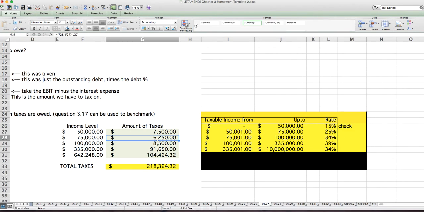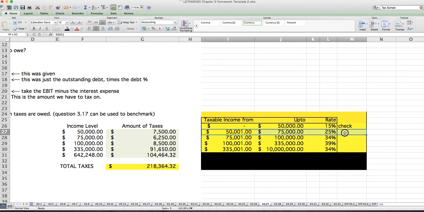Now on the next range, just to simplify the discussion, we're going to be taxed on the next 25,000 that we made above this 50,000. From the 50,001st dollar to the 75,000th dollar, we're going to get taxed 25%.